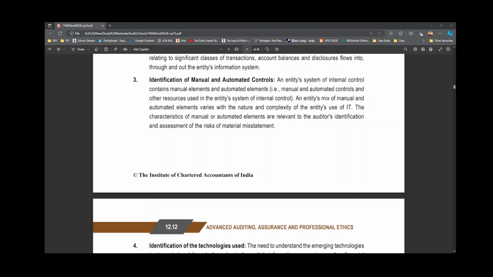During the process we may find some automated, some manual. So we should see how complex the manual and automated systems implemented in that flow of process are, who is involved, and what subsystem is involved in this process. We should understand that. That will help you to identify the manual controls.